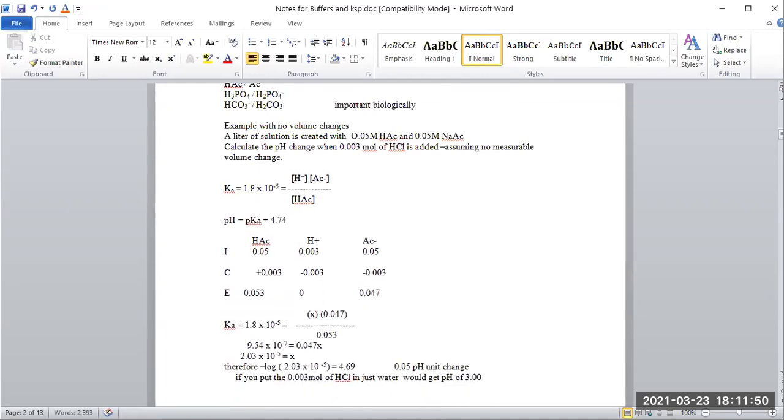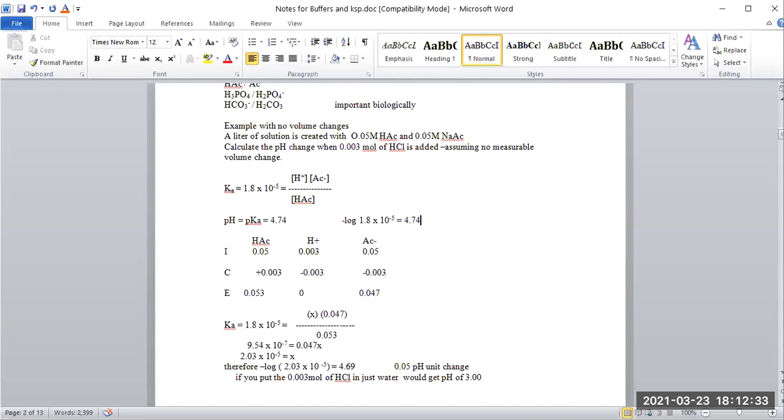So negative log of my Ka value, actually we'll do 1.8 times 10 to the negative 5th. All right, and so that gives you the 4.74. All right, so if I have my buffer and I have not yet done anything to it, I have a pH of 4.74.